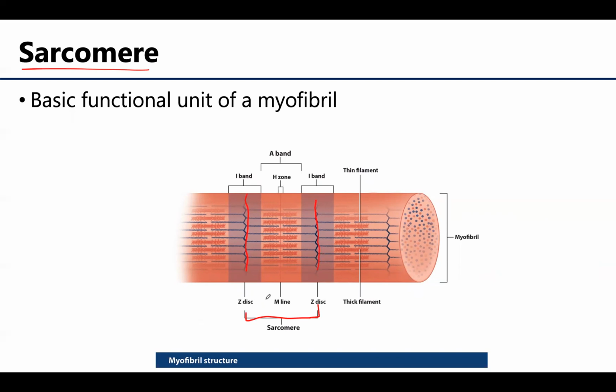How much overlap there is between the thin and the thick filament depends on whether the muscle is relaxed, stretched, or contracted. Don't worry about these H zones, A bands, I bands. They're super cool. If you ever take a physiology class, you're going to spend a lot more time in these regions, but we're not doing that deep dive. In this illustration you see the representation of the thin filament and the thick filament. There are 2 thin filaments per thick filament.